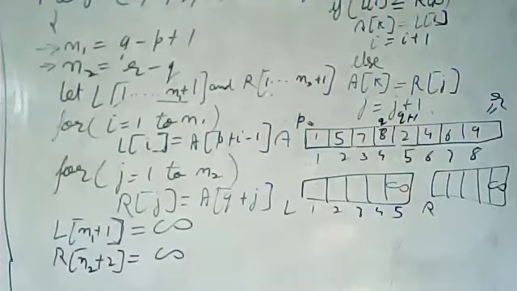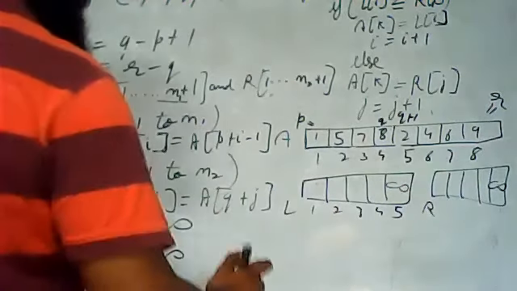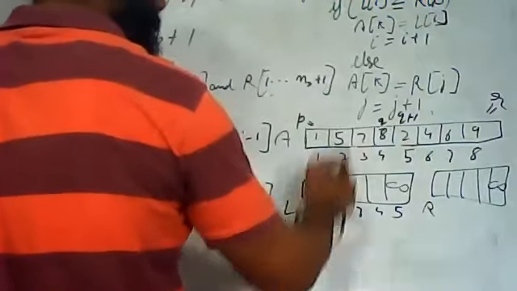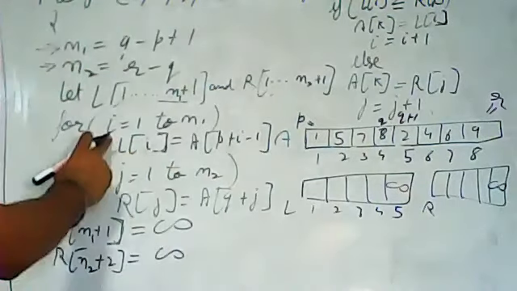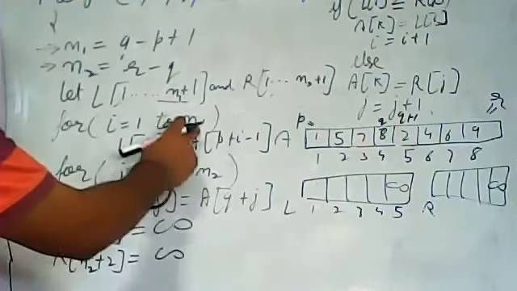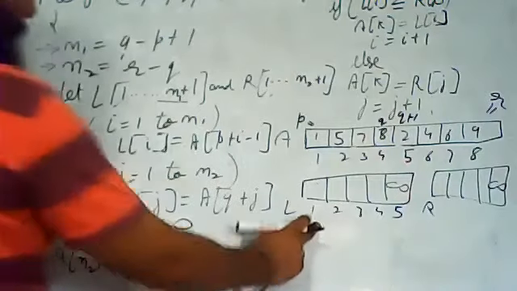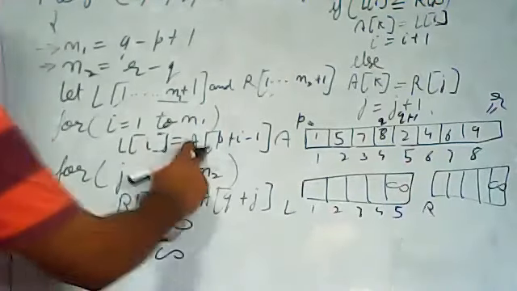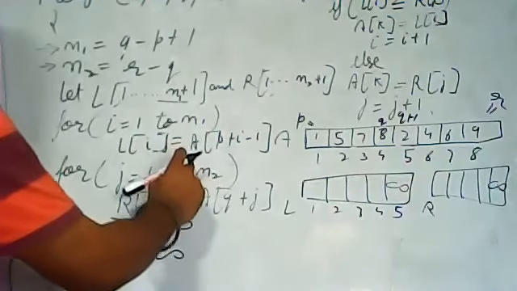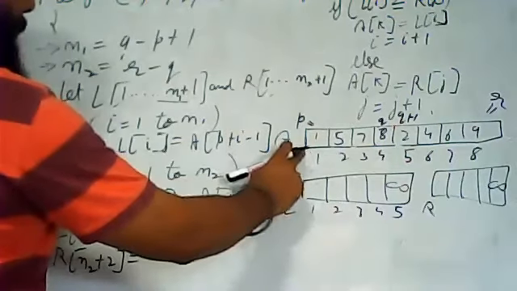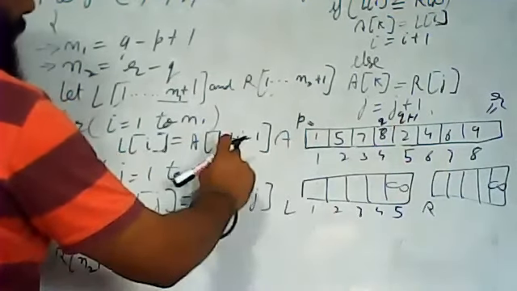So what we'll do here, we'll copy all these elements here. How can we do that? We have taken a for loop, I equals 1 to N, 1 to 4. At L of I, L of 1, we will copy the elements from P to P plus I minus 1.